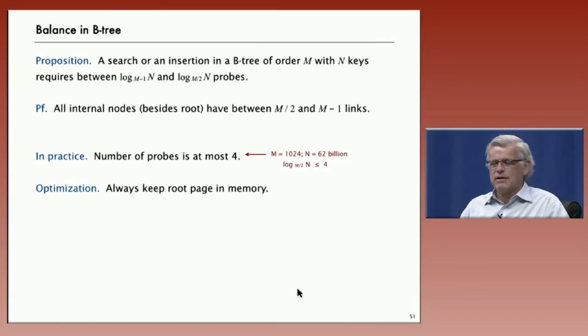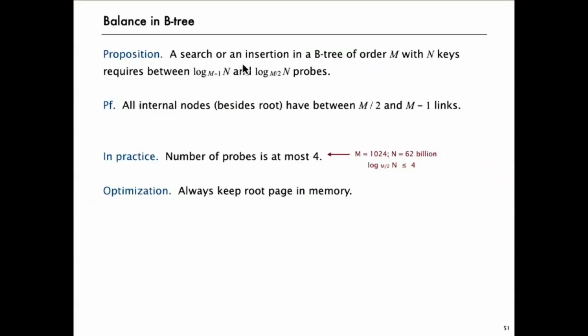And so the end result is that a search or an insertion in a B tree of order M, that's where we're putting M keys per page, requires between log base M minus 1 of N and log base M over 2 of N probes. And that's going to be a really small number. So say M is 1,000, log base M over 2 is log base 500.